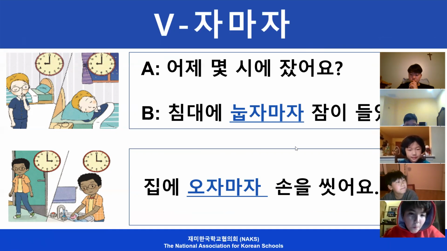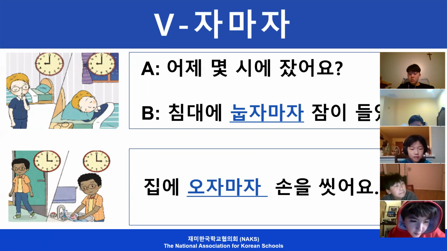Okay. So Aaron, do this one, the bottom of the sentence. 집에 오자마자 손을 씻어요. Okay. Translate that in English for me. You can use the pictures for help, for reference. Well, remember, 자마자 means as soon as.